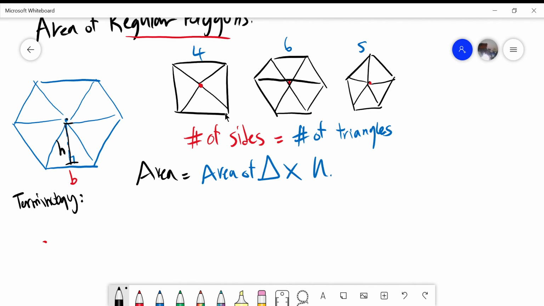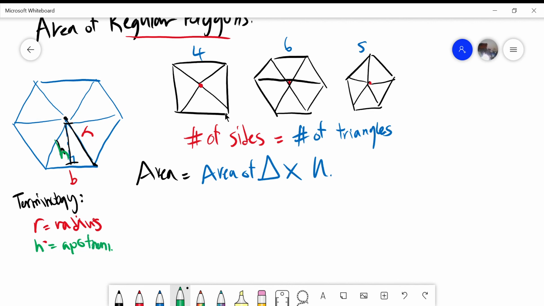The distance from the center to one of the vertices, we'll call this R. R is equal to the radius. I know it's weird, but stick with me. It's different from the circle. And the height, this height, equals the hypotenuse.